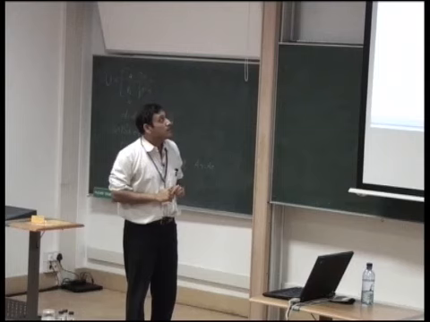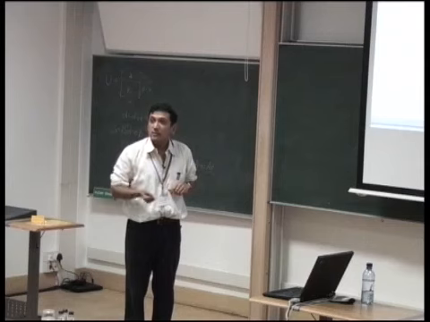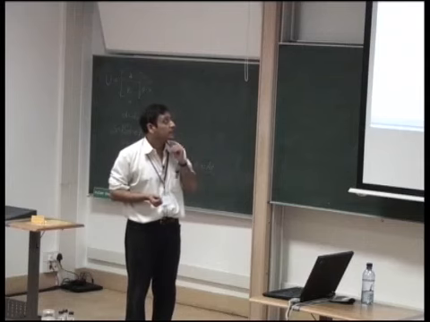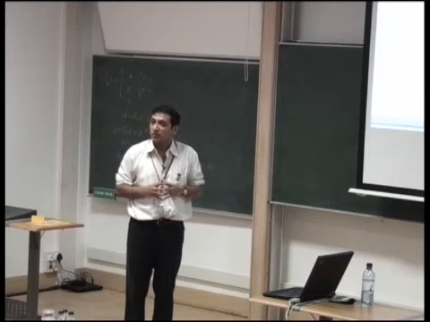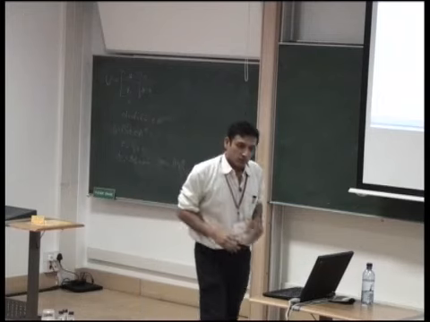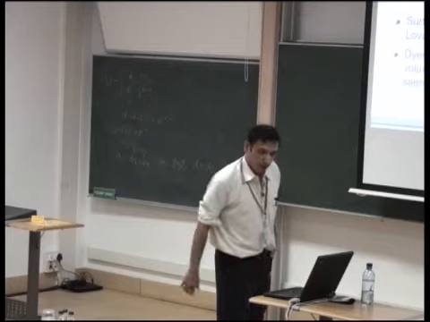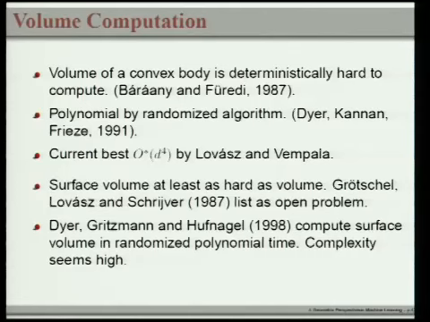Okay? But then in a breakthrough in 1991, it was proved that there is actually a randomized algorithm due to Dyer, Frieze and Kannan, which computes the volume of the convex body in polynomial time. Okay? Now, then the next question is, can you compute the surface volume of this convex body?